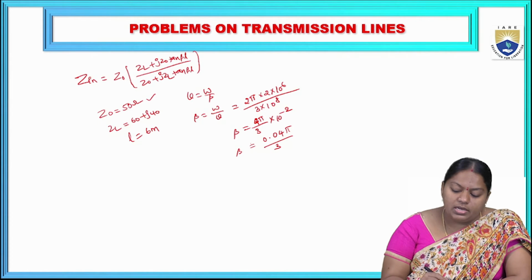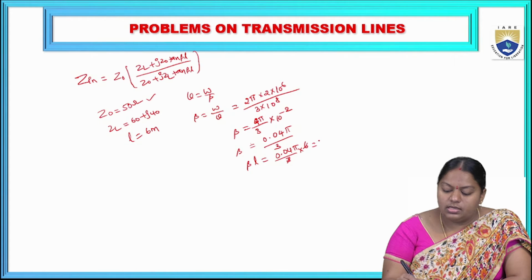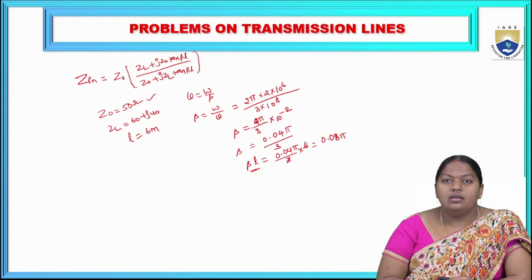So beta L, beta into L, is 0.04 pi by 3 into 6. Then this 2 gets cancelled, 0.02 into 8 means 0.08 pi is the value of beta L.